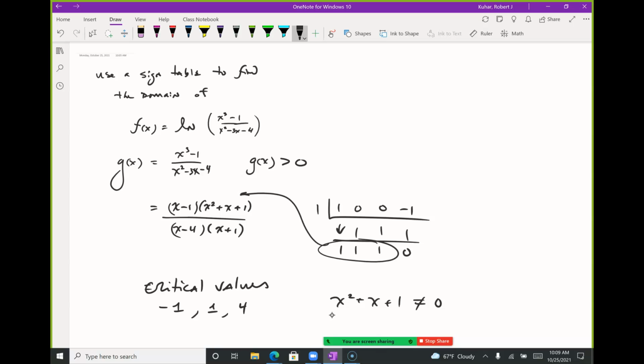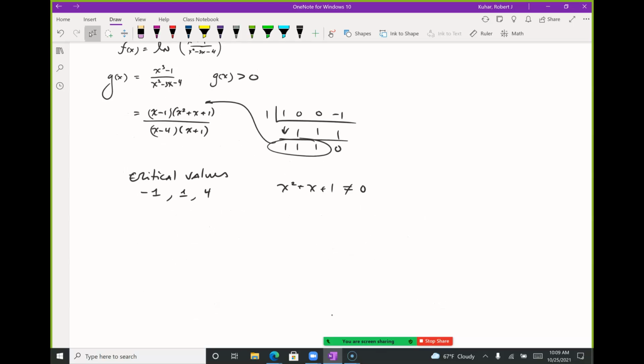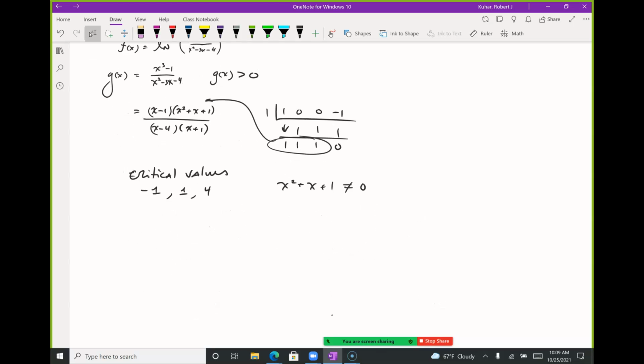I could just graph it and see that. I could put it in vertex form and see that it's got a vertex above the ground and opens up. I could do the quadratic formula and show that the roots are complex, right? So I got my criticals, and I know they're untouchable. I can't use negative 1. I can't use 1. I can't use 4.